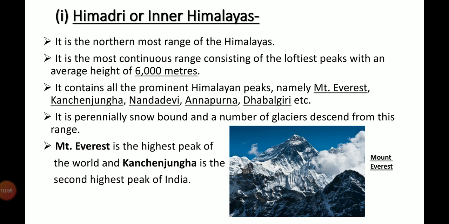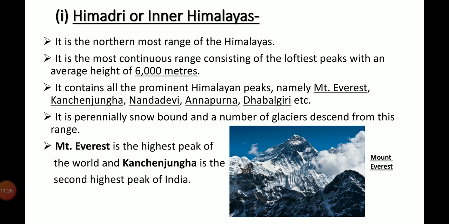Most of the prominent Himalayan peaks like Mount Everest, Kanchenjunga, Nanda Devi, Annapurna, Dhaulagiri, etc. are located here. It is permanently snowbound and a number of glaciers descend from this range. It contains all the prominent Himalayan peaks, and the core of this part of the Himalayas is composed of granite rocks.